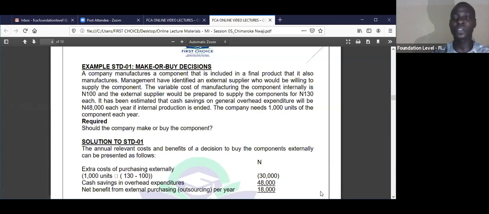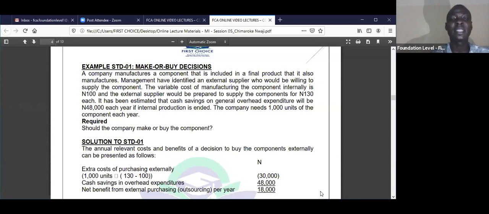Purchase cost is also 130 naira, and it's also a relevant cost. So you will be tempted to say, why not make it in-house? Because this is the lower. I will spend lower making it myself than spending a higher 130 doing it outside, subcontracting it. But look at the next story.